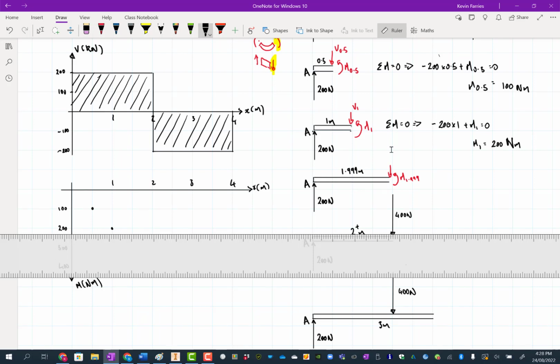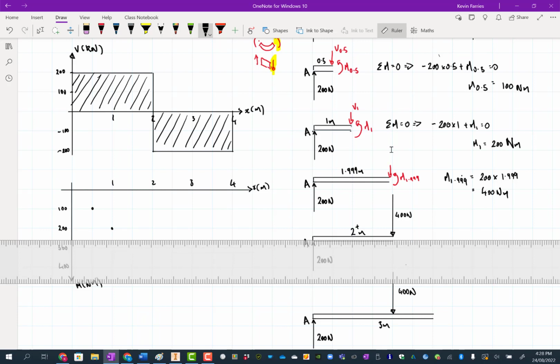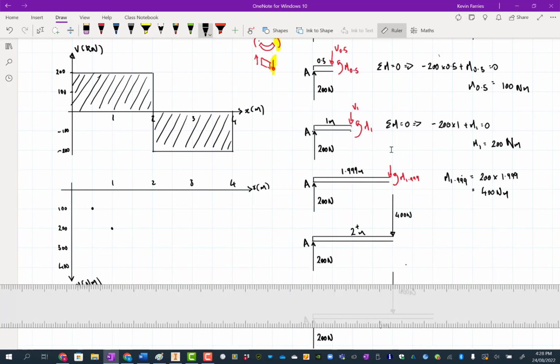You can think of it, this has to counteract that, and so we can just say that M at 1.999 in that direction must be equal to 200 times, that's why I did the 2 minus 1.999 just before, you get to that point, which is pretty much going to be 200 times 2, which is 400 Newton meters. And so this is going to get up to, at 2, I haven't done 1.5, it's going to get up to here.